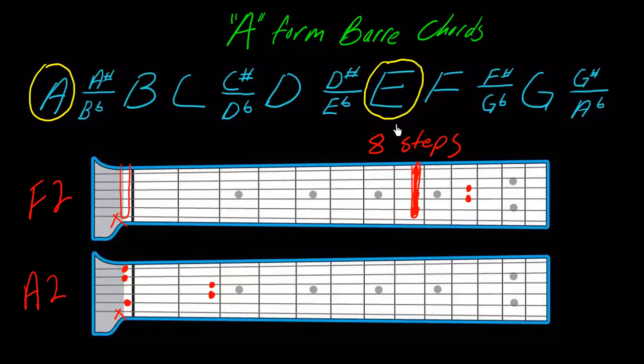Even though from E to F is only 1 step, so you would only have to bar 1 step higher using this E form, since you only know it in this A form and it's easier to play, it might be more desirable to play it up here.